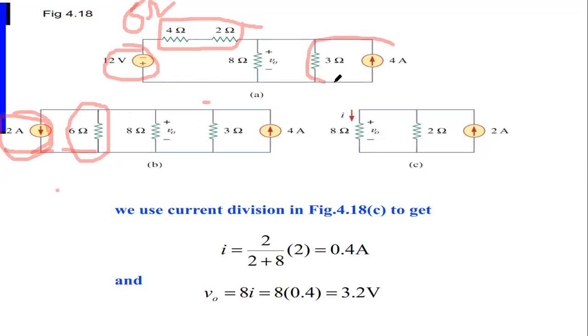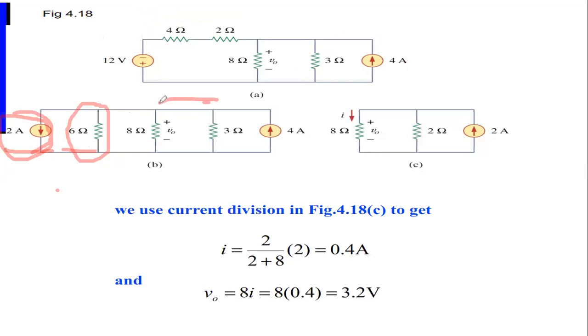The previous conversion, 4 ampere and 3 ohm, is already there. So now we have this as the circuit, and the rest is as it is. We have just converted the 6 ohm resistance and the 12 volt into a current source with a parallel resistance.